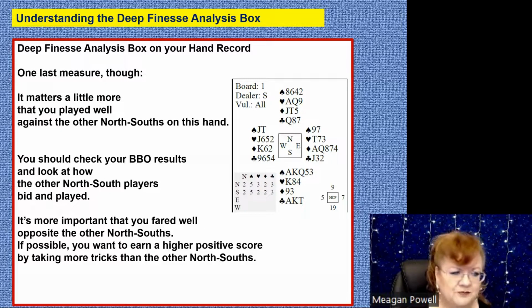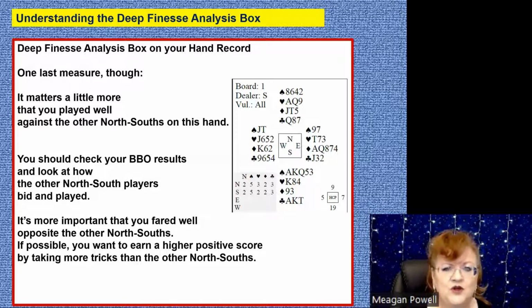So one last measure. It matters more that you did well against the other North and South players in this spade contract. Yes, you absolutely want to take as many tricks, if possible, that the deep finesse box says you should take. But really, your true competitors, if you're North and South on this hand, are the other North-Souths who played this hand.